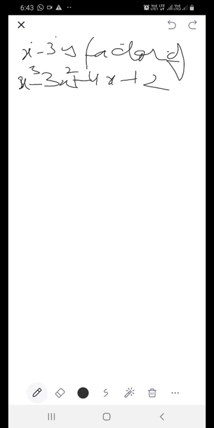So in order to show x minus 3 as a factor of this algebraic expression, we have to show the remainder as 0. Again, not by division, but by using the remainder theorem.